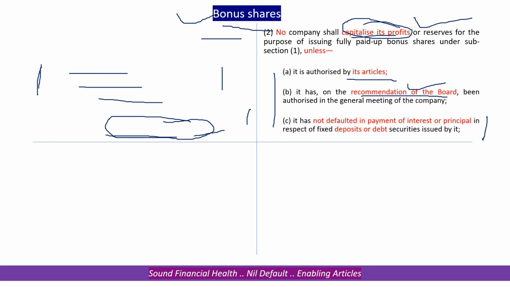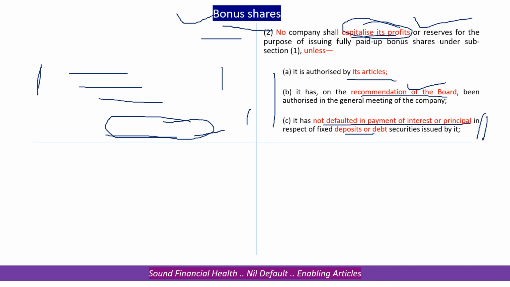Third, when you convert these things into capital, they become shares. Shares will get rights and dividends. It will affect the rights of other stakeholders. In that case, one has to ensure that there is no default in the payment of interest or principal in respect of deposits and debts.